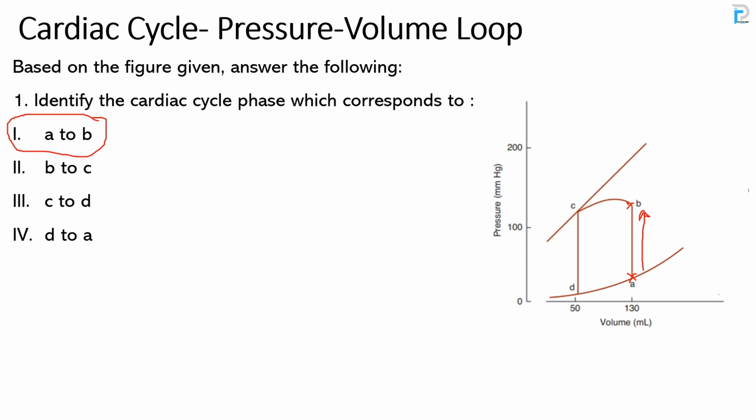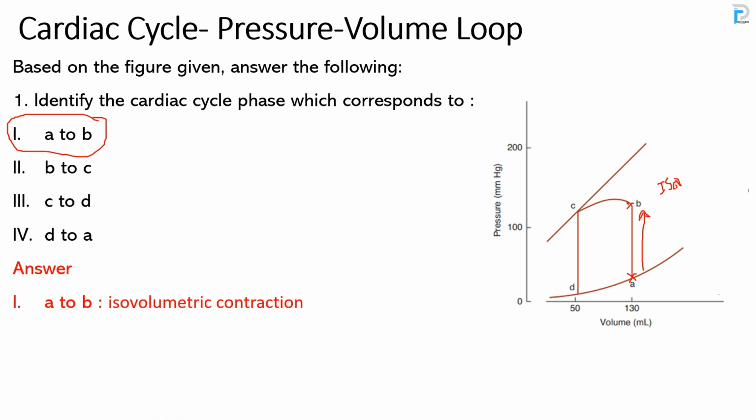So that already tells you no change in volume means it's an isovolumetric phase. But is it contraction or is it relaxation? If the pressure is increasing, it means the ventricle is contracting. So it's the isovolumetric ventricular contraction phase.